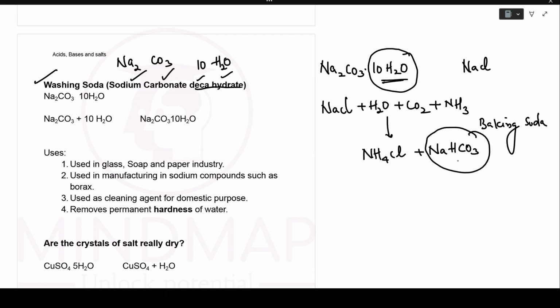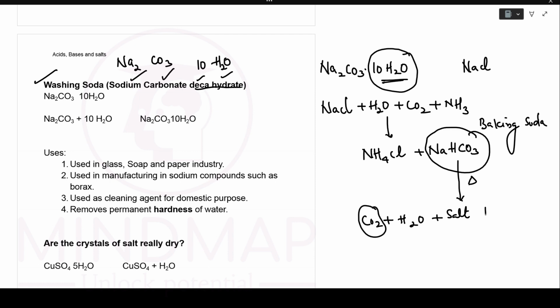Now, when we use this baking soda for baking, you heated it, right? After heating this, we got carbon dioxide plus water plus a sodium salt, and we know that the carbon dioxide produced is responsible for soft and spongy cakes. Correct?